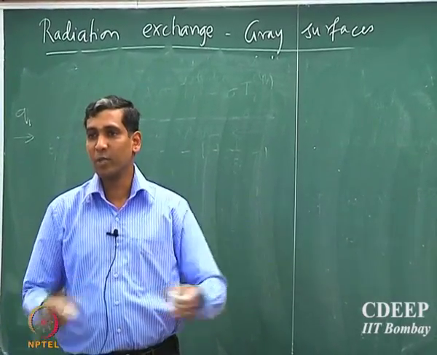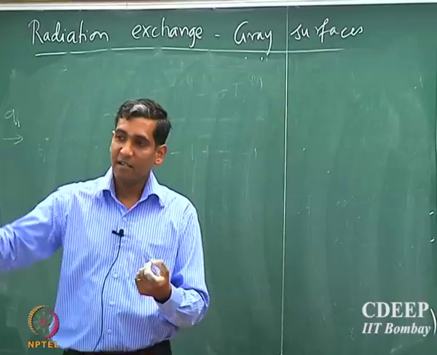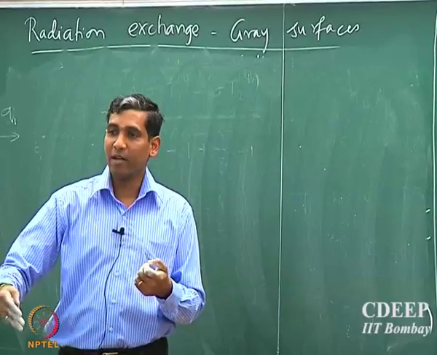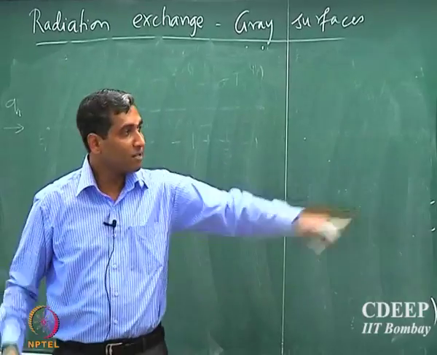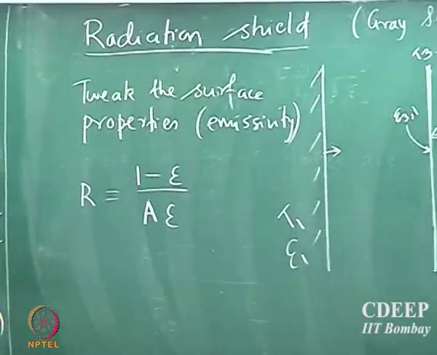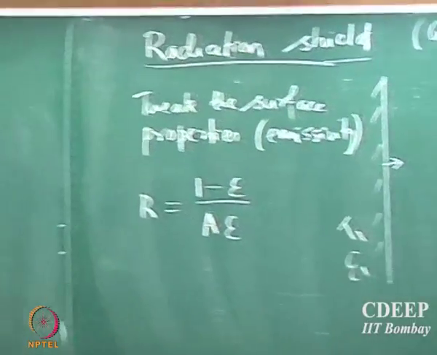There is one resistance for exchange between surface 1 and the surface 3 which is facing it, and then there are surface resistances of 31 and 32, and the resistance between the other two surfaces. So, there are totally 6 resistances.